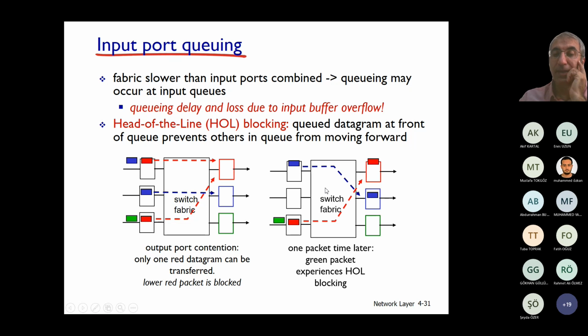And let's look at one packet after this. We transfer this red. Now the blue and green packets experience blocking.